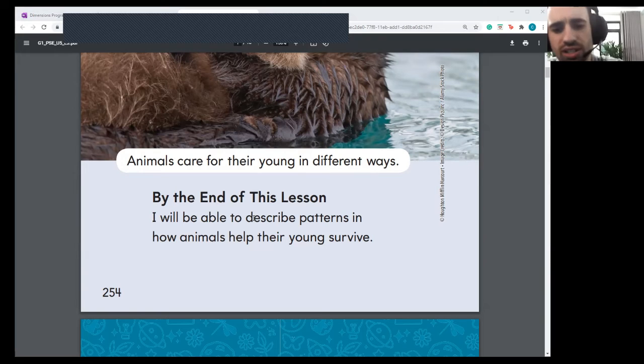Good job. And what does the word describe mean? Guys, does anyone know what this word describe means? Hai Fong? Do you know what the word describe means? Not sure. Okay, Hai Fong. Imagine you brought a toy to school and you wanted to describe your toy to me.